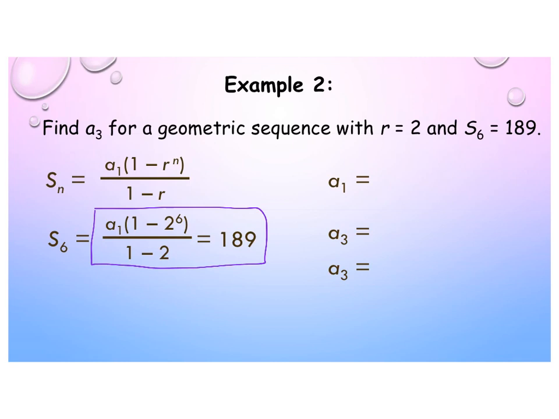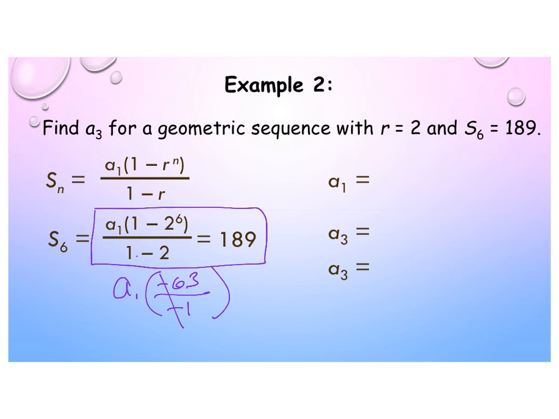And 1 minus 2, I'm going to rewrite it, simplifying some of this. 1 minus 2 to the 6 should be 64. Yes. So 1 minus 64 is a minus 63 over 1 minus 2 is a minus 1. Those become positive. 63 over 1 is just 63.